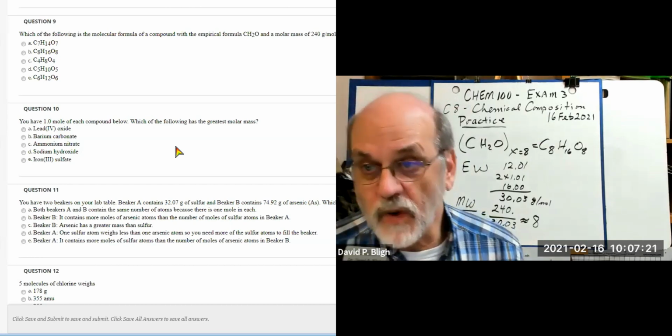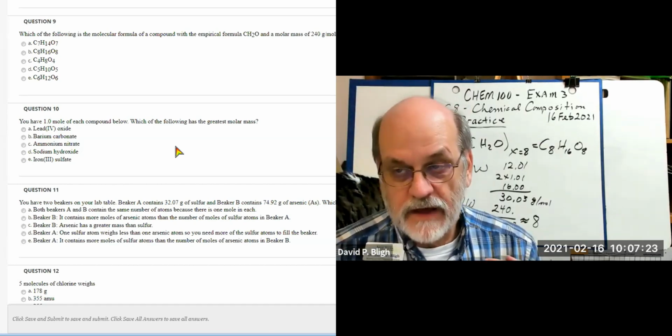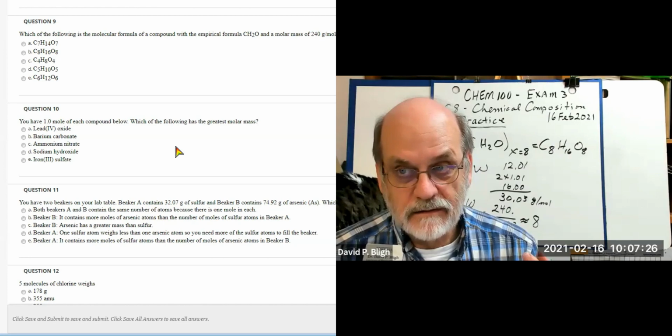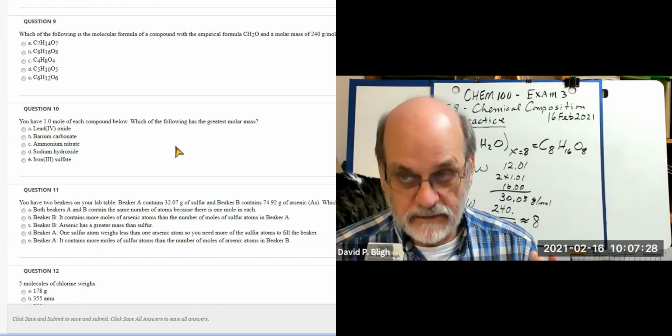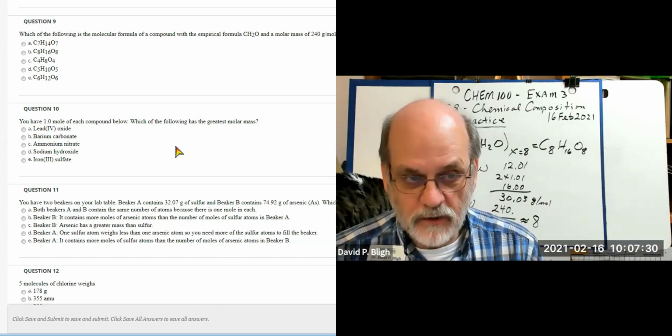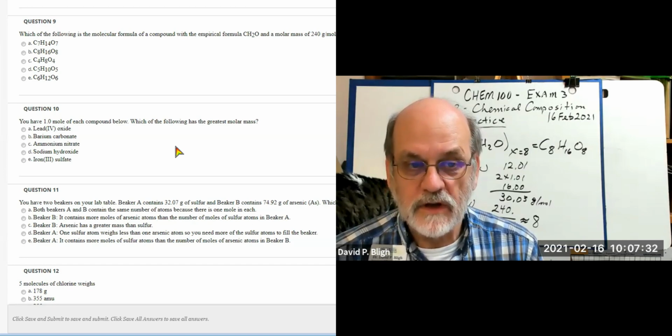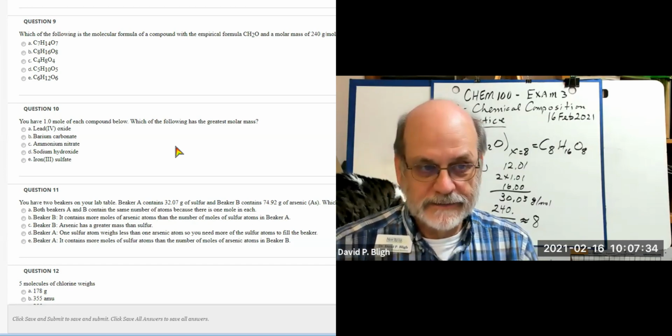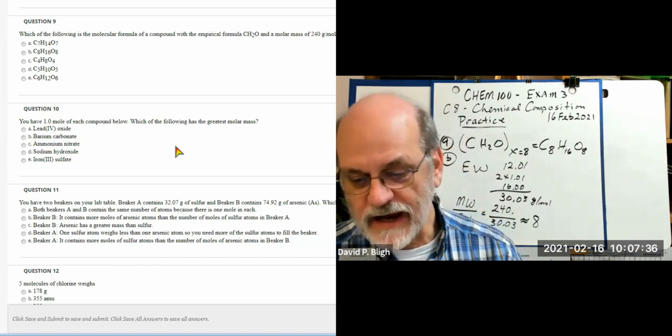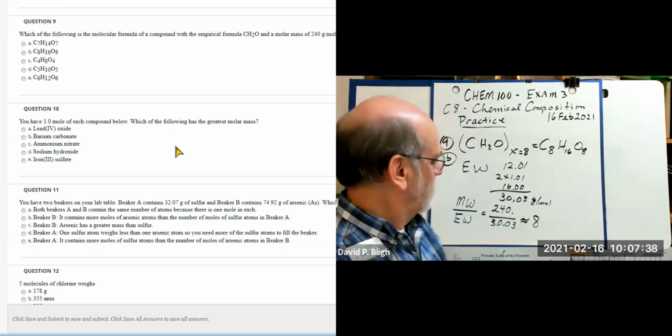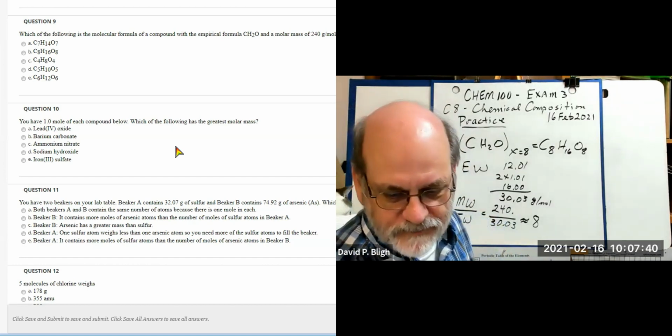Now this one's going to require that you know how to write the compound. That's my hint. Got to be able to write the compound formula before you can determine the molar mass. So this is going to take a little extra time. I'll give you a head start.